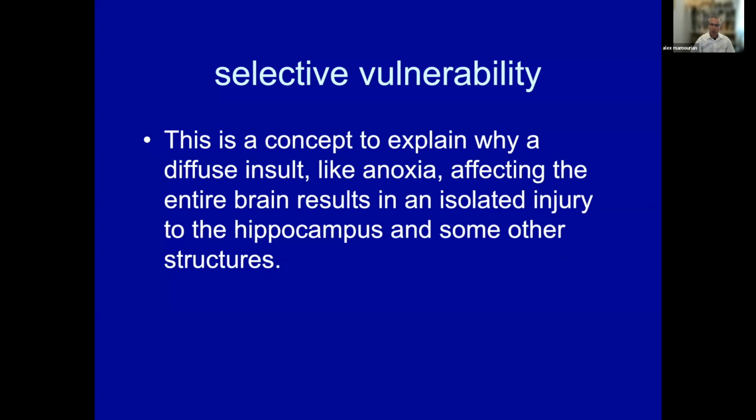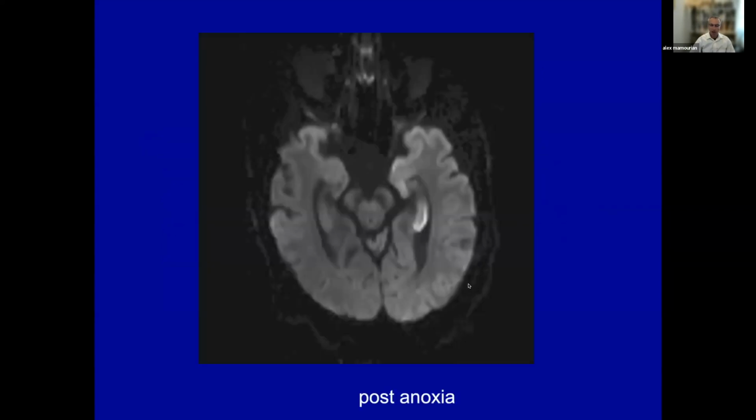So this explains why in patients with anoxia, like here's a patient in my practice who had a minor procedure, was sent to the floor after conscious sedation, but had a respiratory arrest on the floor, was resuscitated and recovered. But when we had some memory issues and did image the patient, we saw this abnormal restricted diffusion in the hippocampus.